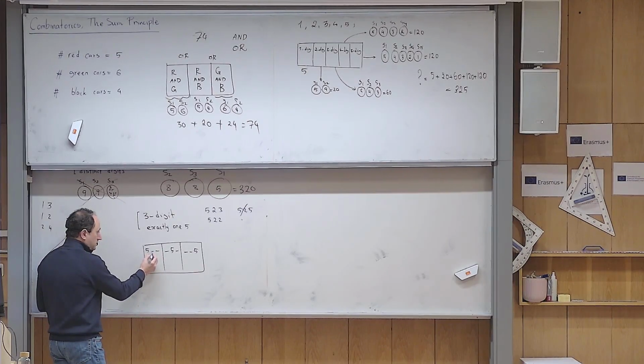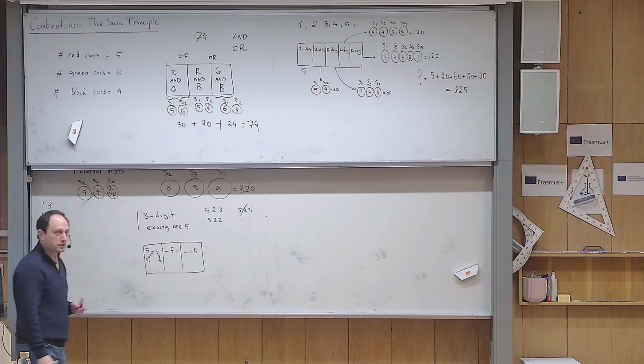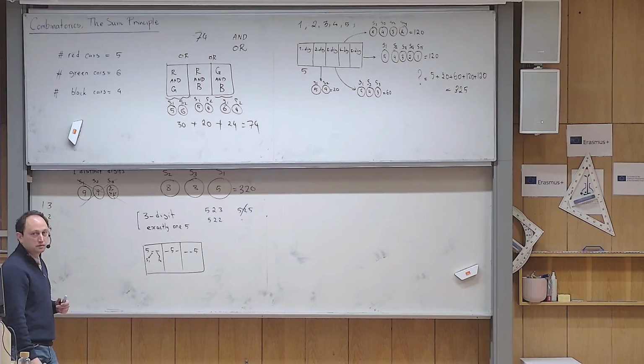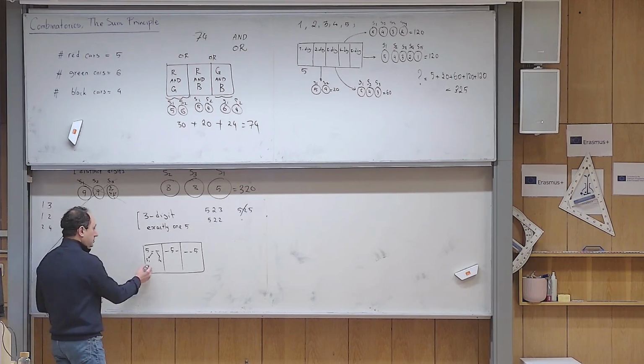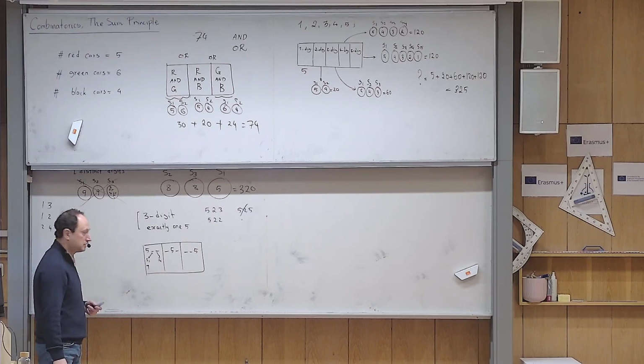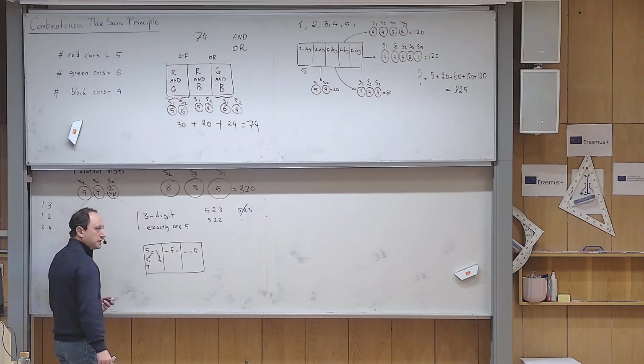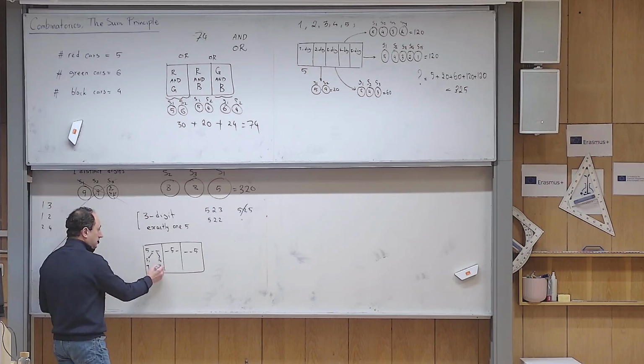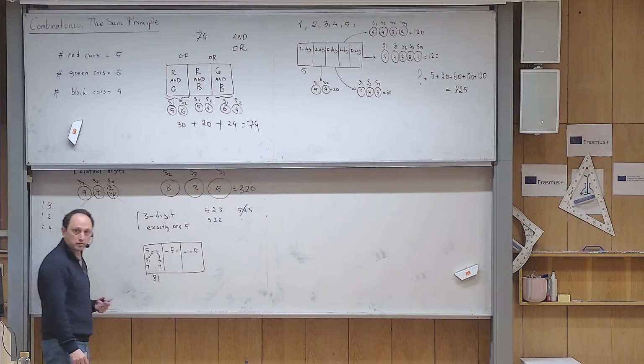How many options are available for stage 1? 9, because I am not allowed to put 5. How many options for stage 2? 9 again, independent of my choice here. So for this one, I have 81 choices.